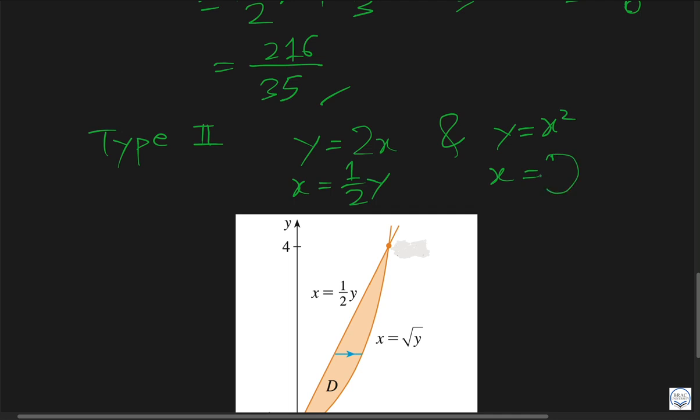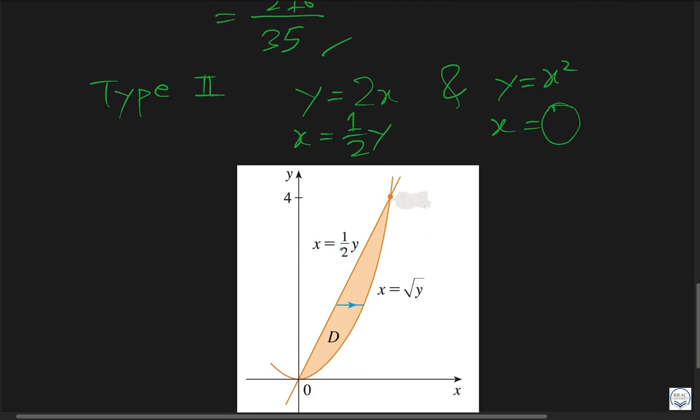The sketch of the domain won't really change. So before writing this, let's look at the sketch. The domain does not change. Whether I write my curves using x or y, the sketch or the domain will be the same. In this domain we can see that all the x points are positive, because this is towards the right of the y-axis, where x equals 0.